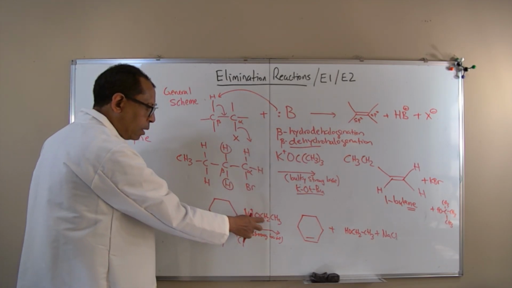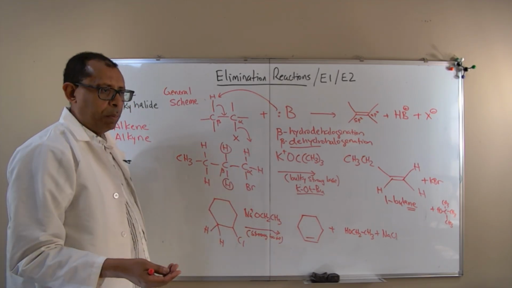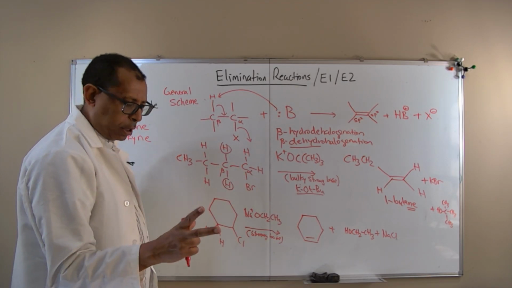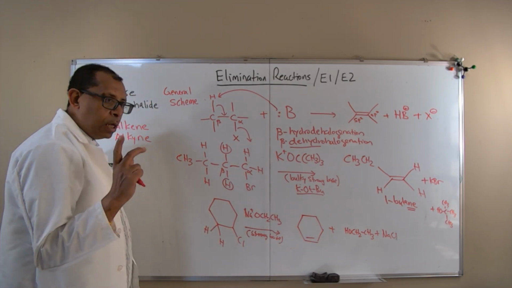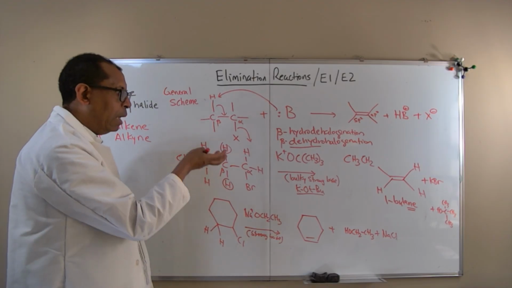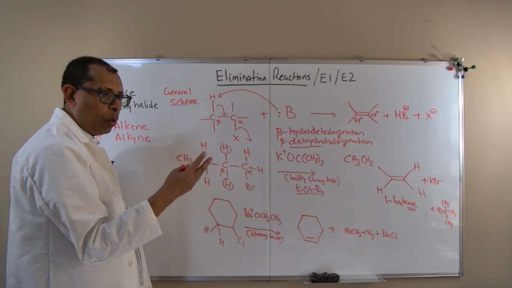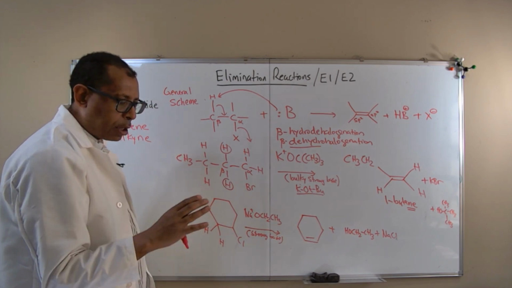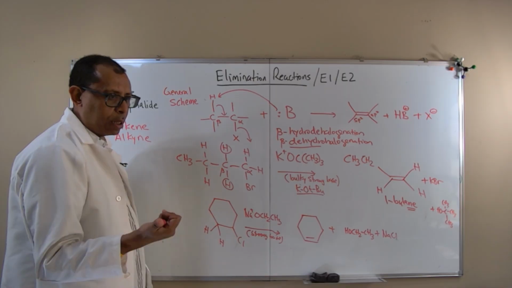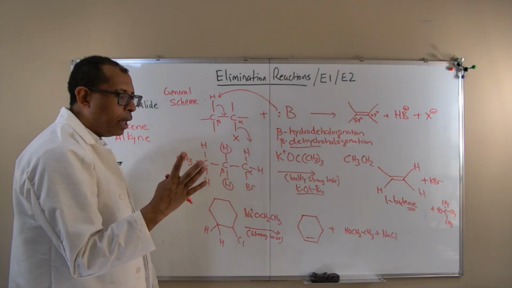Ethyl is not as bulky as tertiary butyl, which is much bulkier. In the future, this has important consequences, why we say sometimes bulky, sometimes not bulky, strong base, weak base, because the reaction would be much more influenced by the strength of the base, availability of beta hydrogens, and all that.